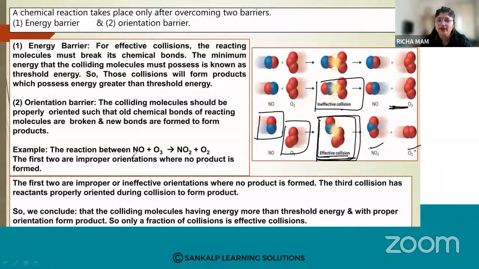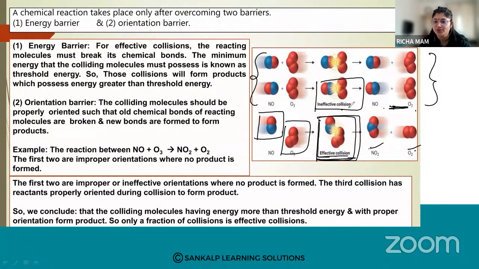So here you can see there are two cases where there is no proper orientation, so the product is not formed properly. It is giving you the same NO plus O3. In the first two, there is no effective collision.